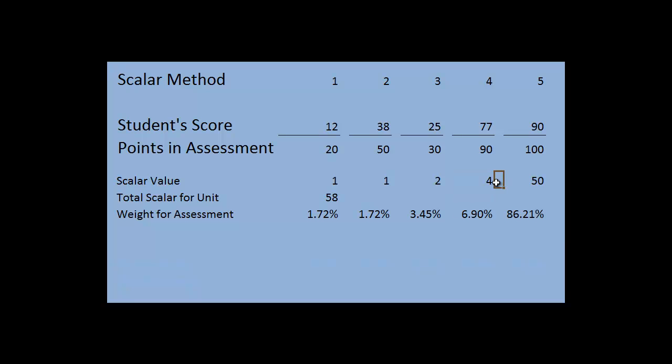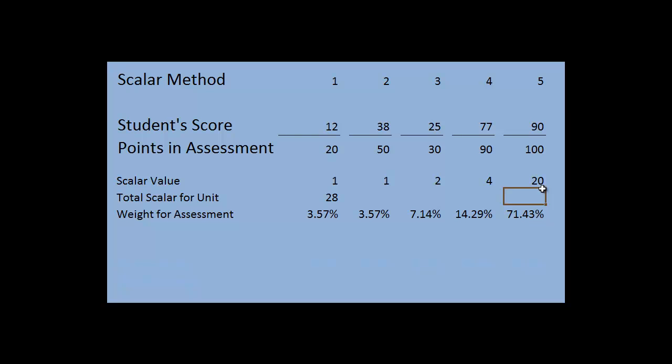And now you can see how the relative weight of the last assignment, because the scale value is so high, takes on the lion's share of the unit's weight. And that's probably a little high, so let's change that to a 20. And then you see how things start to match up.